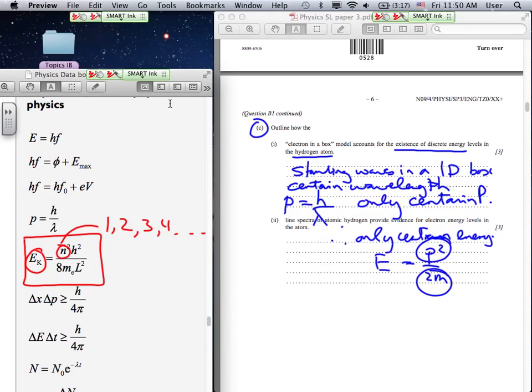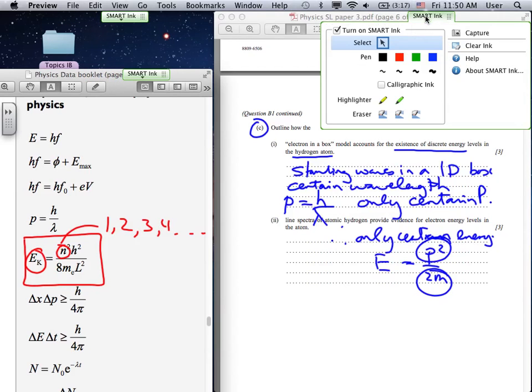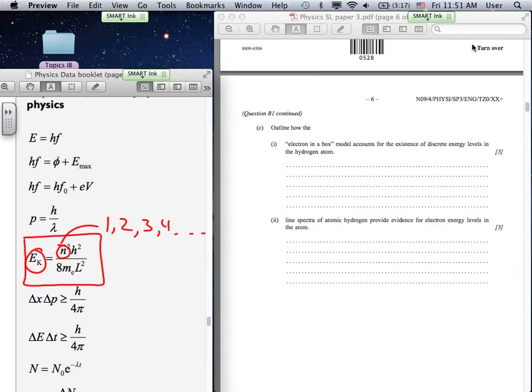And then the final question here, it says, line spectra of atomic hydrogen provide evidence for electron energy levels in the atom. Well, we know that each line is a well-defined single frequency. So each line corresponds with a certain frequency.